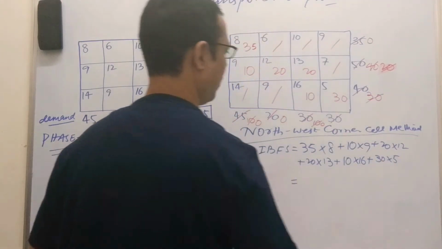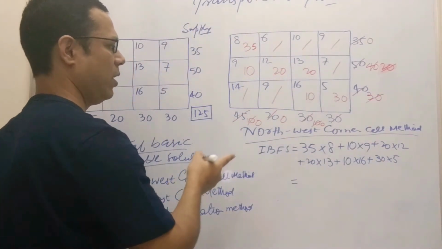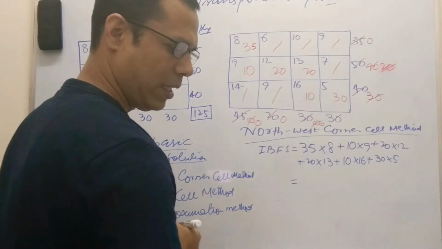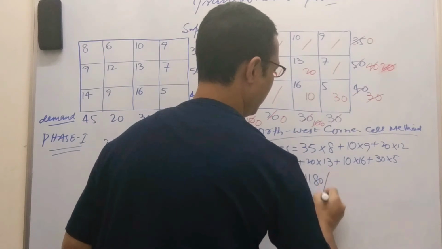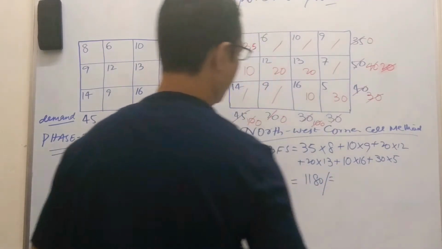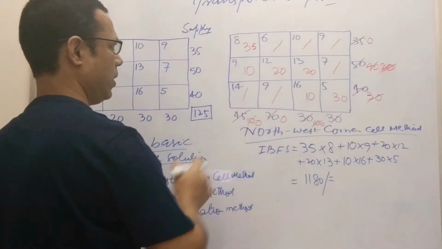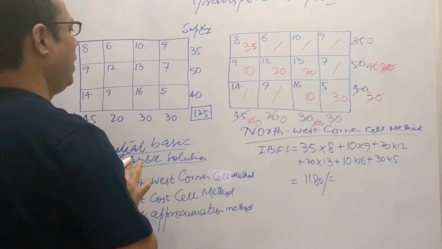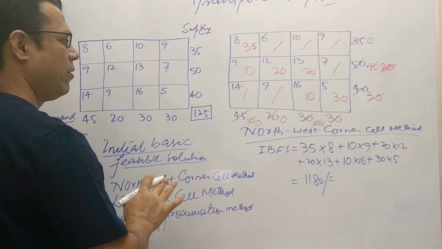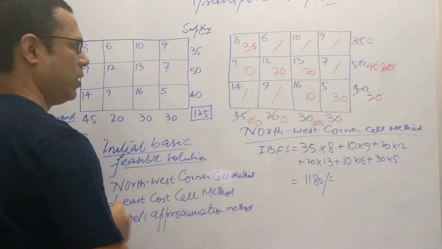This is just calculation. So you will get 1180. Okay, so this is the cost of transportation by applying the northwest corner cell method. Very easy to find the initial basic feasible solution by the northwest corner cell method.